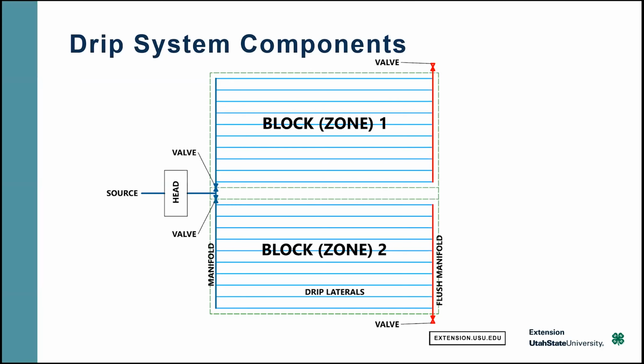Basic components of a drip irrigation system: you're going to have some kind of source. With a lot of our urban settings, that source water is going to be municipal water. So it's already going to have a pretty high water quality when we think about it from an irrigation standpoint. That's not always the case, though.